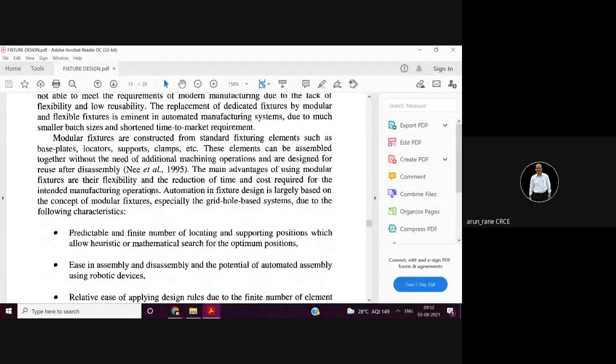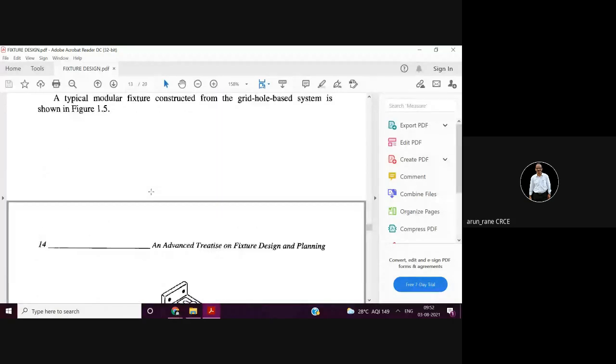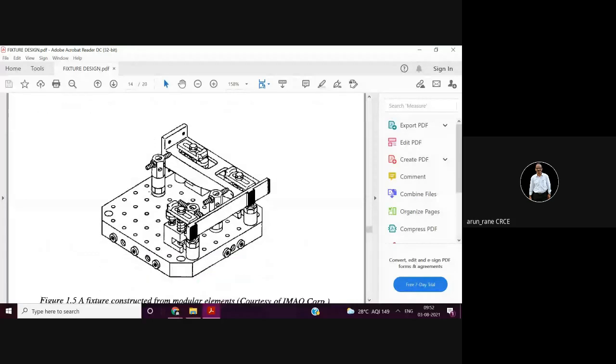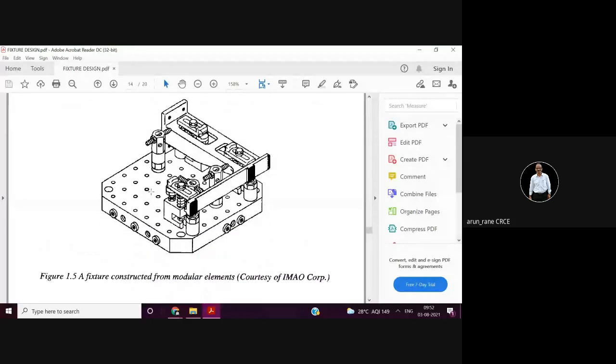So you can use those standard components so that your fixture design will be simple and fast. This base is standard. All these locators, clamps, strap clamps, and bolts are all standard. So comparatively, fixture design is easier than jig design.